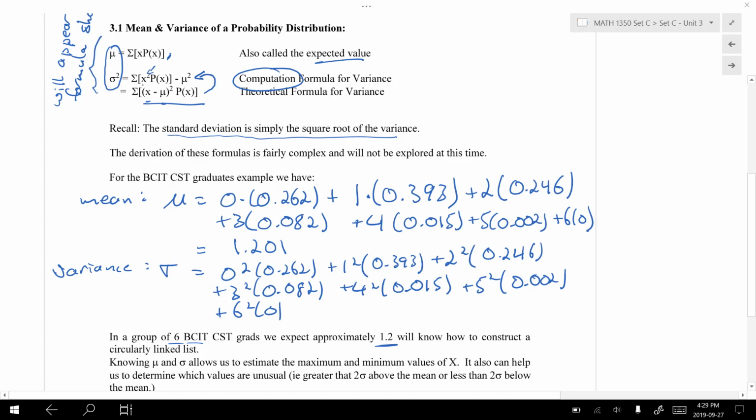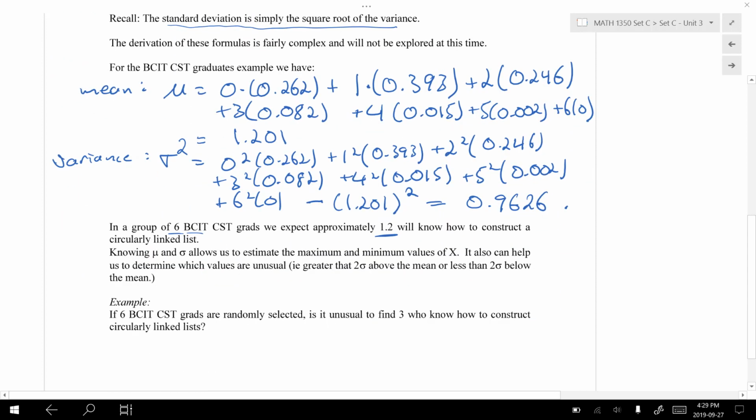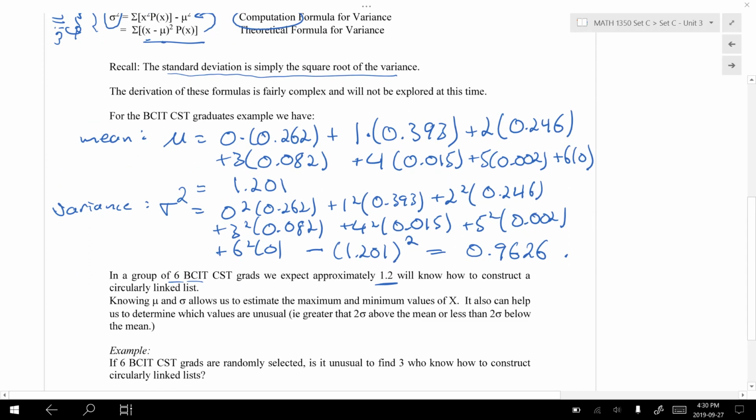Now we've added up all of the products of the squares with their probability, but we also have to subtract off the mean squared. So you need the mean in order to calculate variance. This should be squared here, sigma squared for variance. We have to subtract off the mean squared, so we need to have that already. If one computes this out, you get about 0.96, this number here.